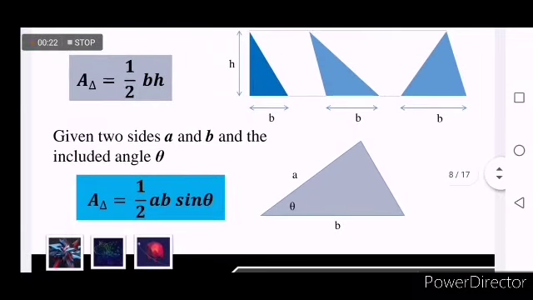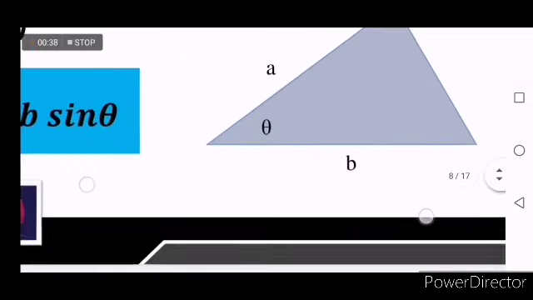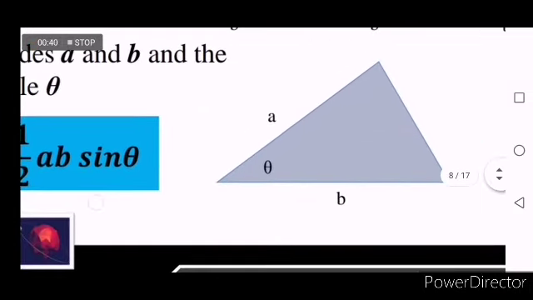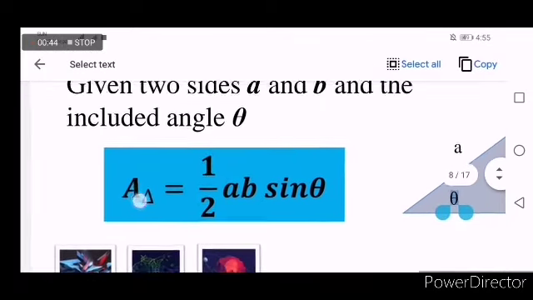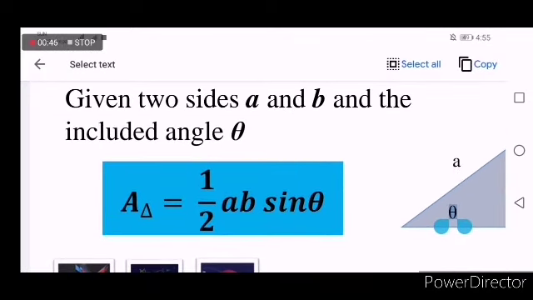But if there is no altitude, but there is an included angle, then you can use the formula AB sine theta over 2. Or as you can see in the figure, if two sides are given and an included angle is also given, then this formula can be used.